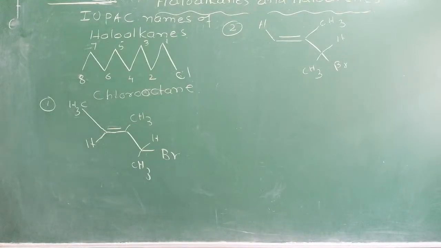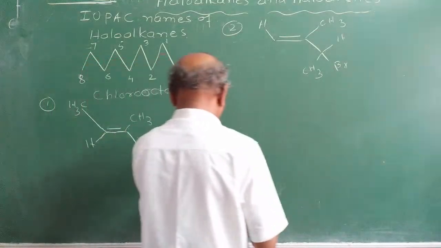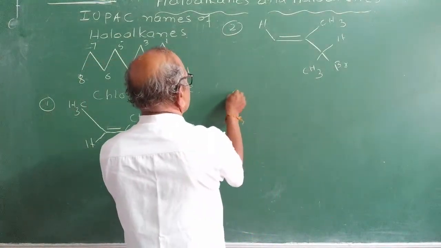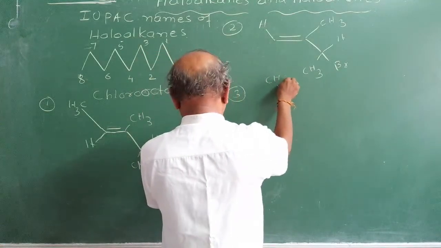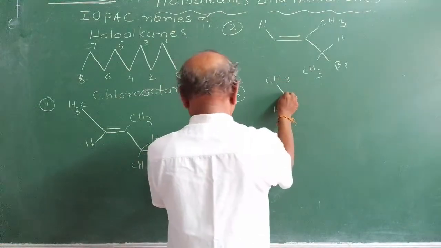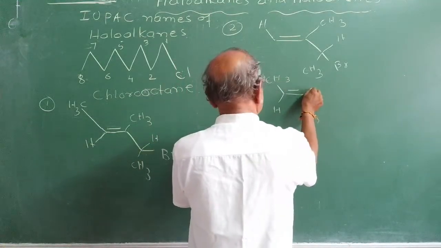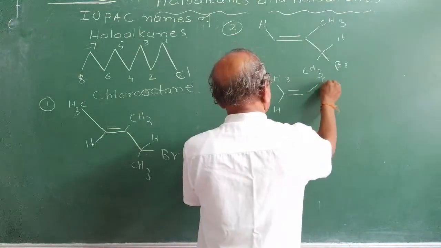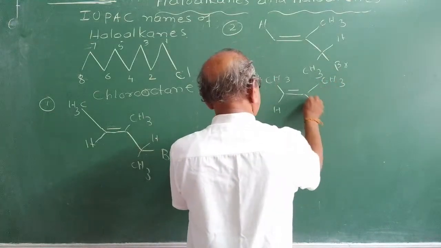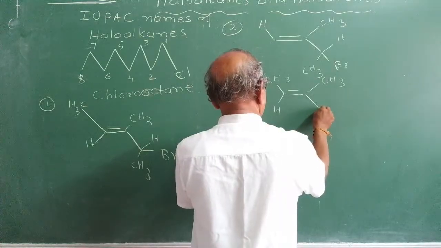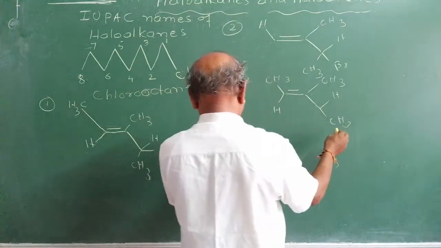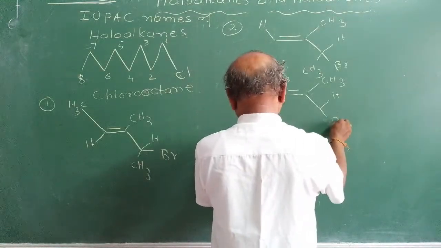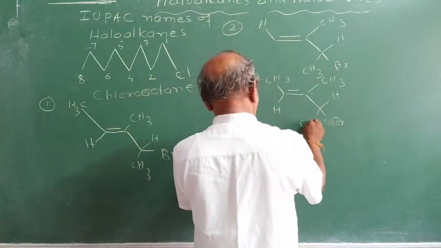First of all, you have to take the longest chain rule. Third one: CH3, H, double bond, CH3, H, CH3, Br, CH3.